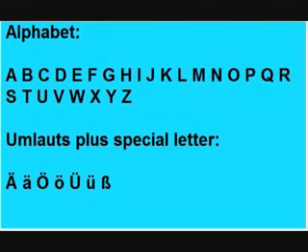The alphabet in German is A, B, C, D, E, F, G, H, I, J, K, L, M, N, O, P, Q, R, S, T, U, V, W, X, Y, Z. And we have also some special letters we call umlauts, like the A, O, and U umlaut, which are pronounced Ä, Ö, and Ü.